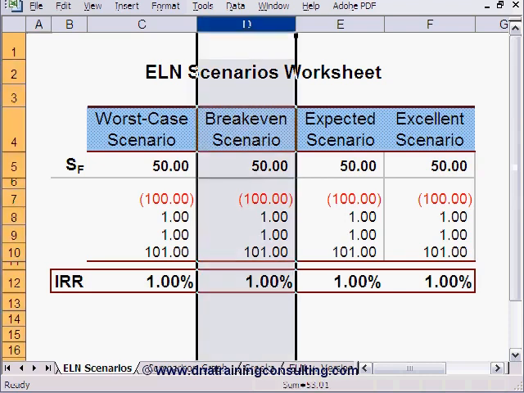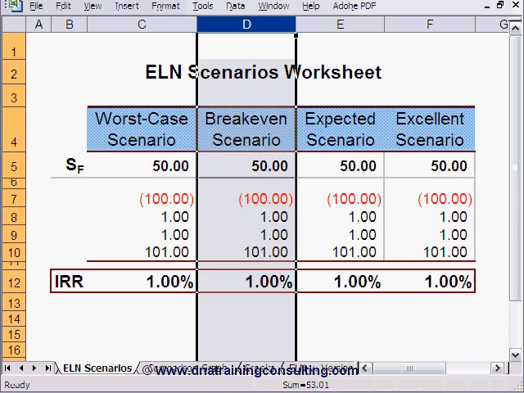The break-even scenario in column D occurs when the investor's return reaches 6.25%, the rate she could have earned by simply investing her entire $100 in a 3-year deposit issued by your bank.